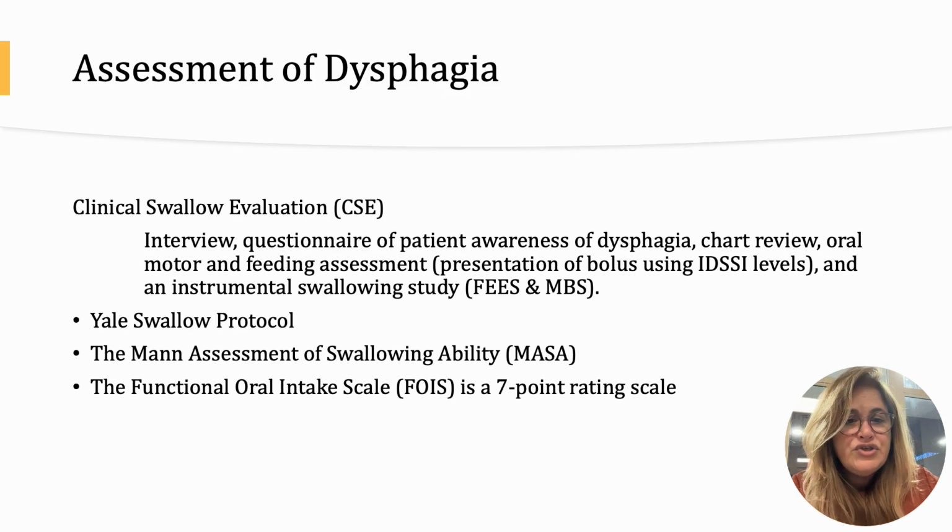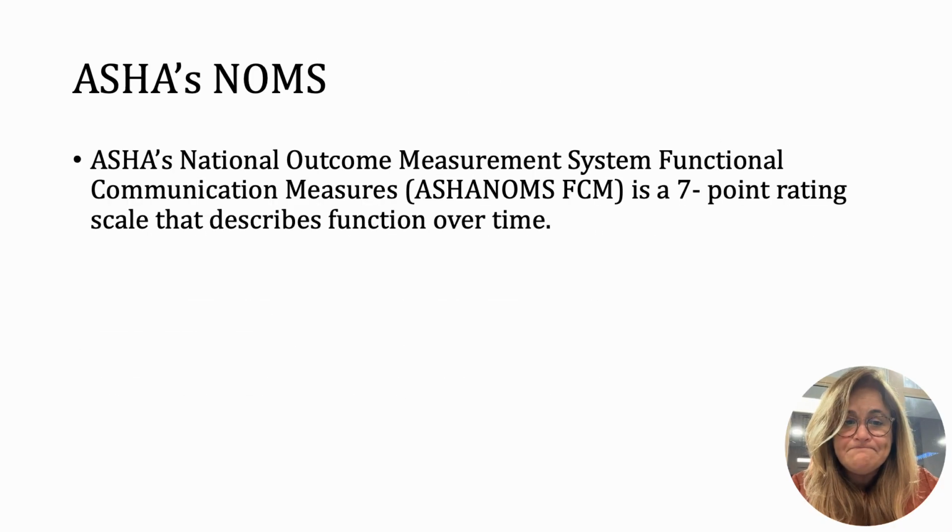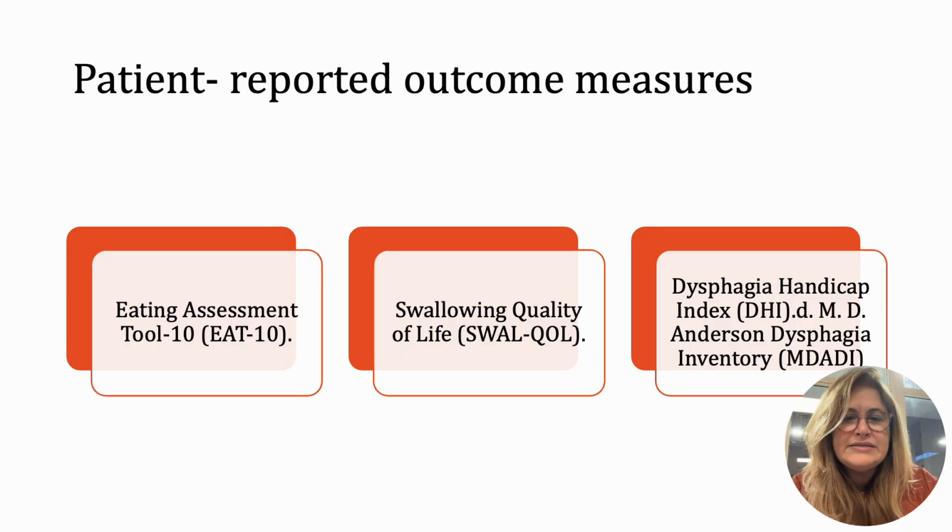So you start doing your CSE and taking all this data and making it more objective, even though you haven't yet done your instrumentation. You can incorporate the norms from ASHA to describe how the functioning of the swallow is, and also any other patient-reported outcome measure that we have, like the EAT-10, that is a good screener from Nestle and is in multiple languages, the SWAL-QOL for quality of life, Dysphagia Handicap Index, MD Anderson inventory.